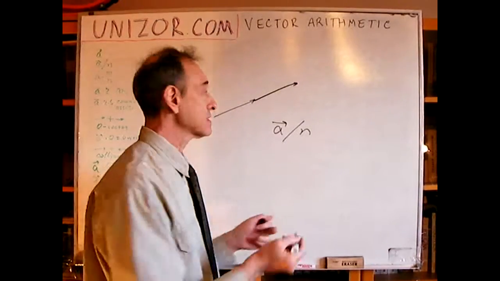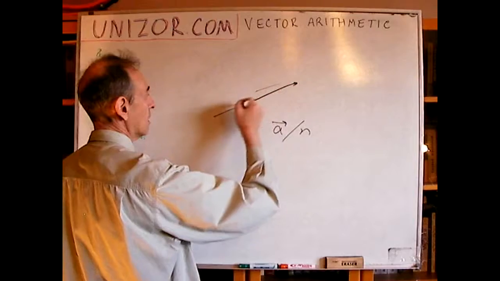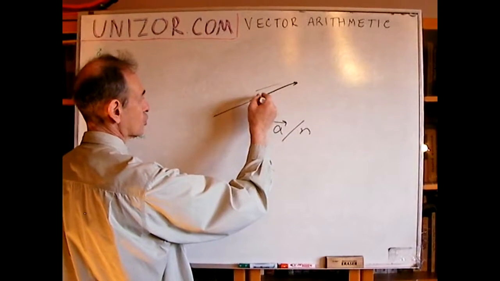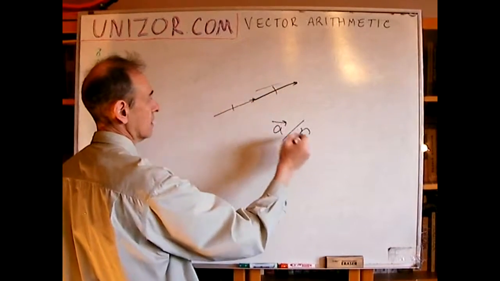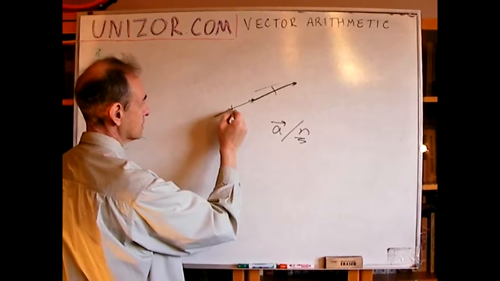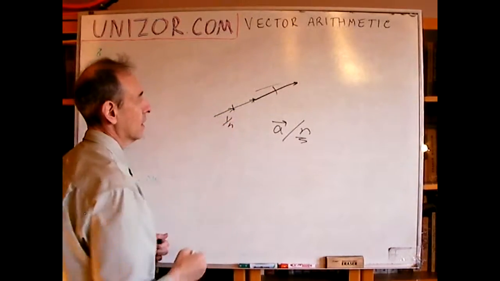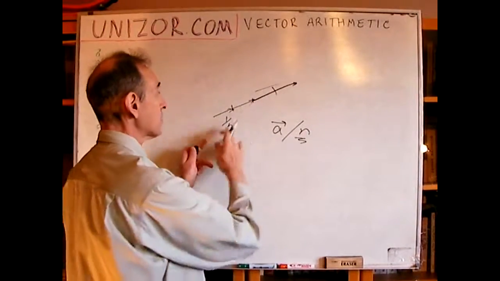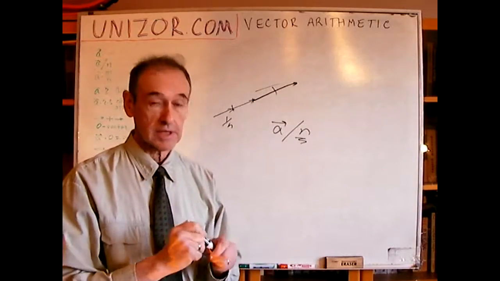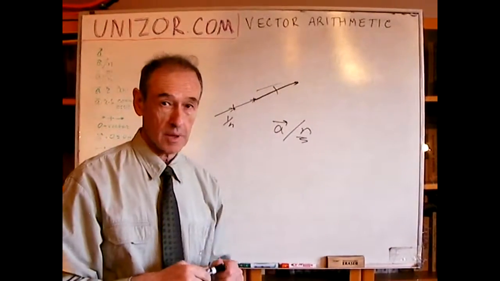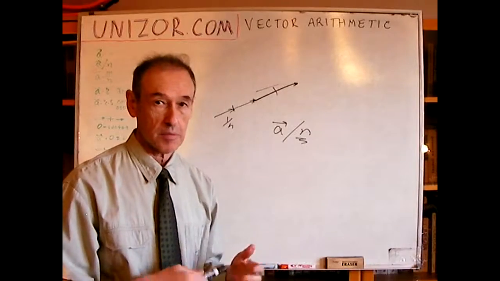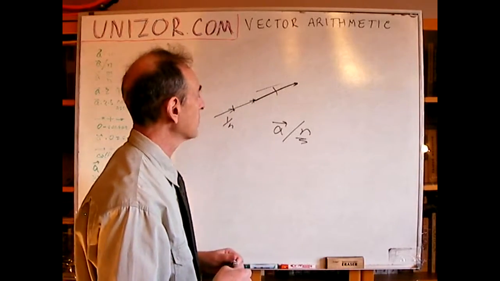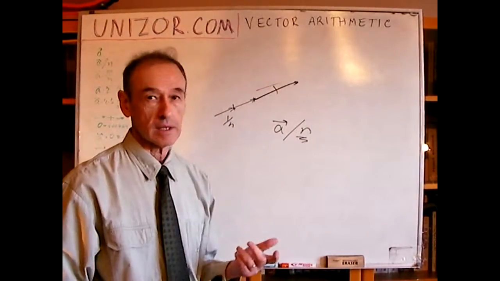Now, obviously, if you take exactly the same direction and just shorten the length by the factor of n, this would be 1/n of the original vector, then obviously if multiplied by n, using the definition I just talked about for multiplying a vector by a natural number, I will get the original a.